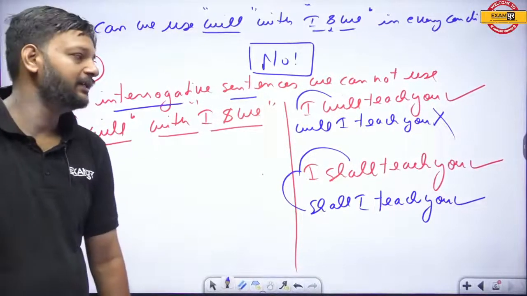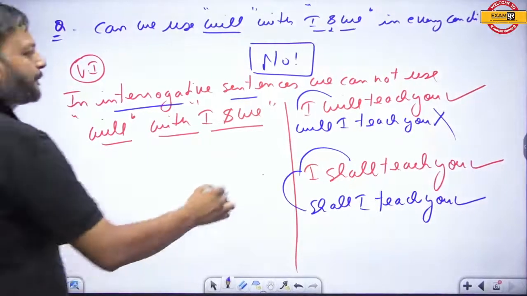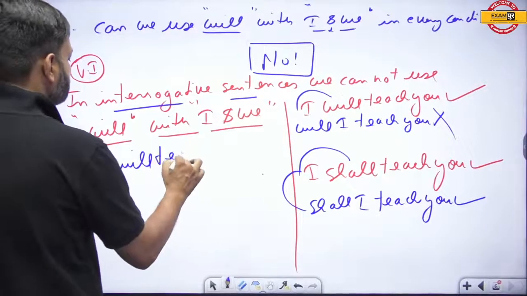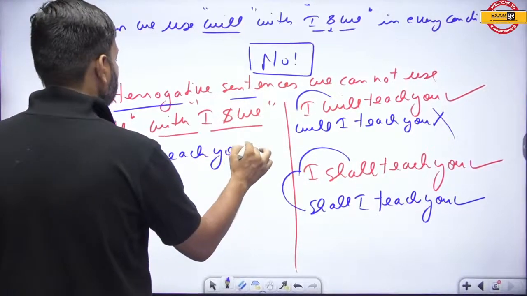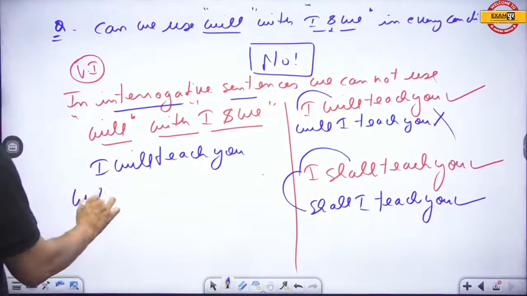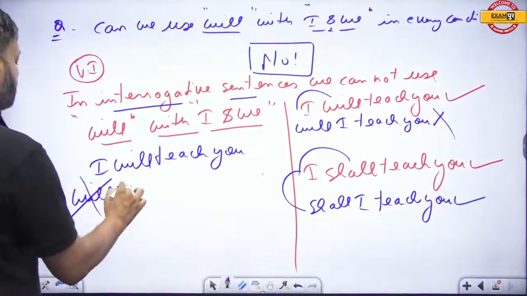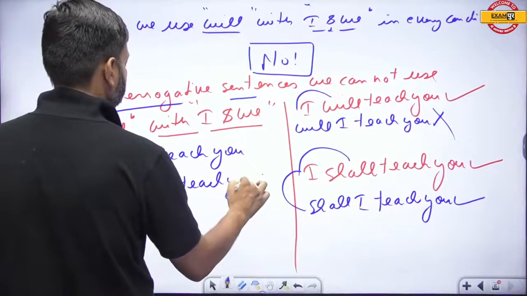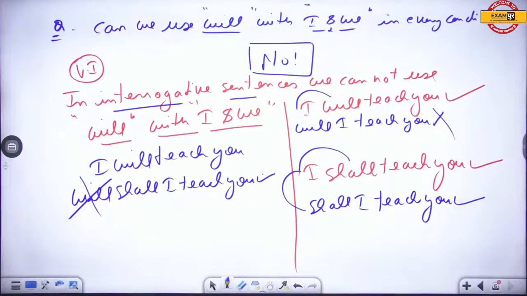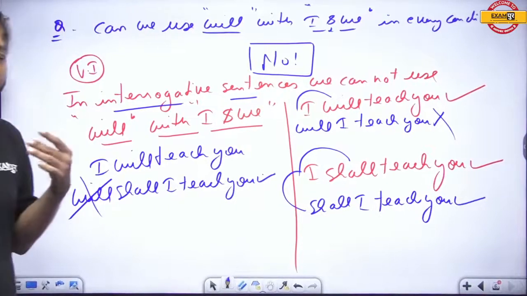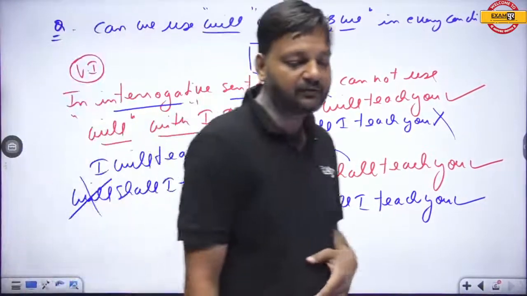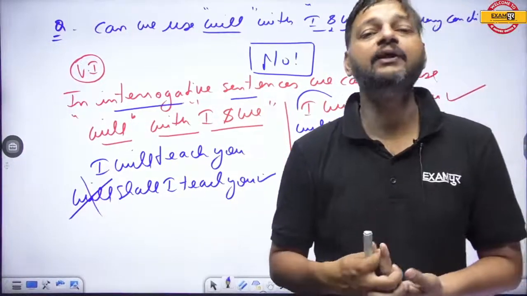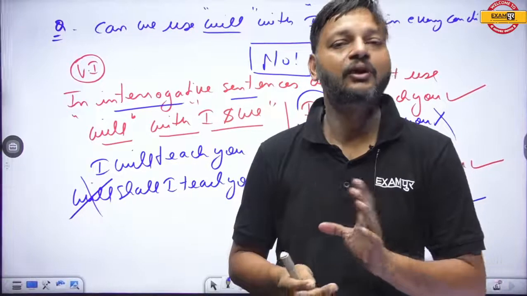And what is the reason behind it? First, let me tell you the correct answer. So the sentence is I will teach you. If you have to make interrogative of this, you have to use shall I teach you. Okay? So in assertive sentence, you can use will with I and we, but in interrogative sentence you cannot do that.